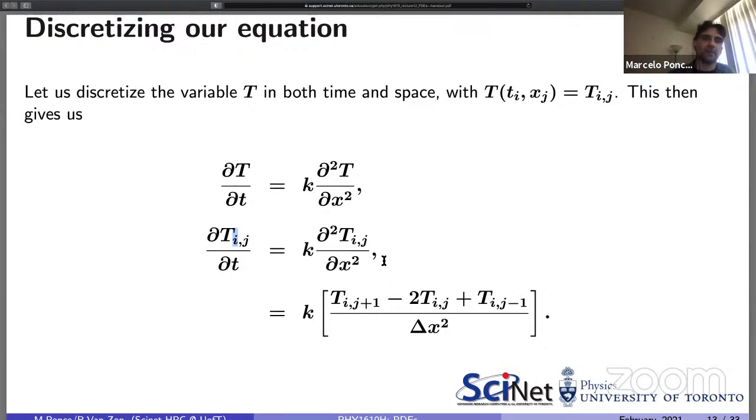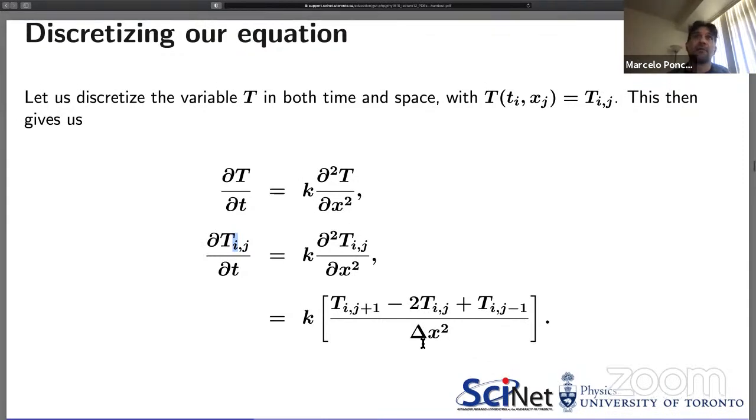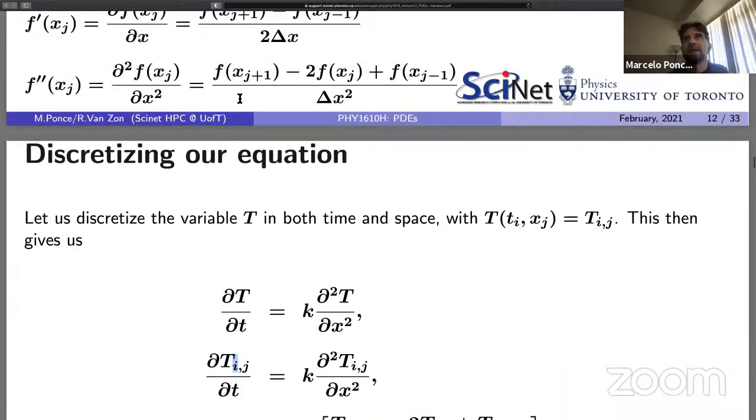If I have J minus one, it's the previous one on the left, J plus one the next one on the right, and so on. So one way I can rewrite this equation: the first order time derivative of Tij is the conductivity constant multiplied by Tij plus 1 minus 2 Tij plus Tij minus 1, divided by the gridding space in the rod. And this comes from this last equation here.